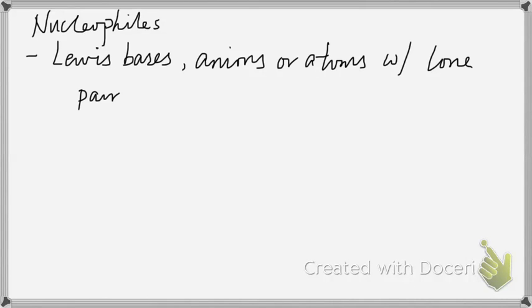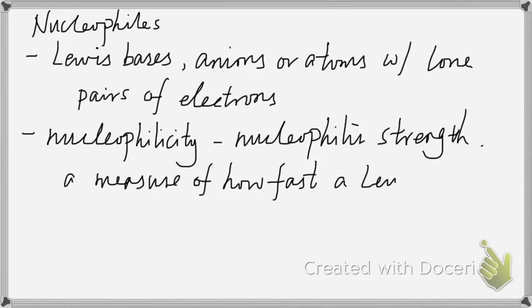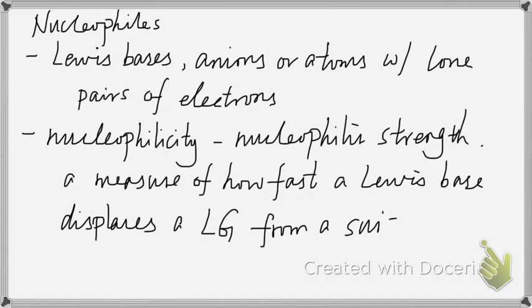First, let's look at nucleophiles. Nucleophiles are Lewis bases. They are the anions or the atoms with lone pairs of electrons. So they are seeking nucleus, or they are seeking positively charged species. There's a term called nucleophilicity, which describes the nucleophilic strength of a nucleophile.